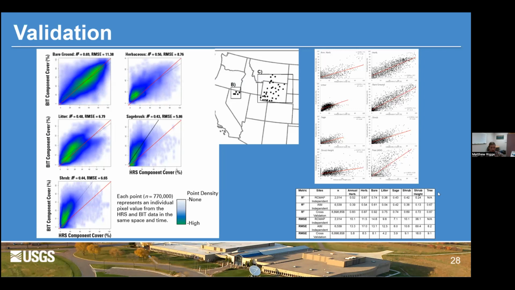So again, these are picking single pixels out of the landscape where we collected field data and comparing our predictions against those locations. We've got about 3,000 points in these correlations that I'm showing here. So definitely, as always, room for improvement, but we are moving in the right direction.